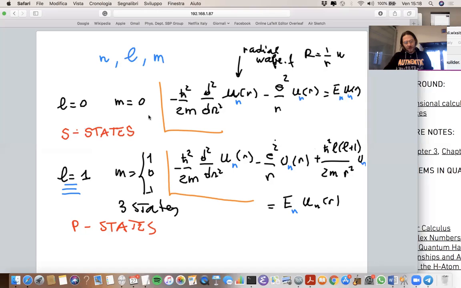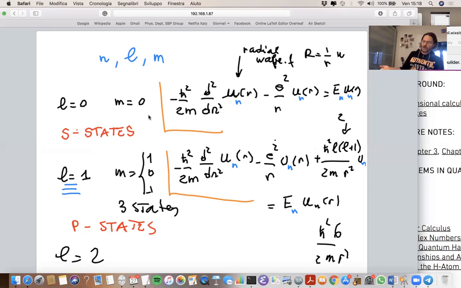Then you can go on and take L equal 2. In this case, you will have the same expression, but now L is equal to 2, so 2 plus 1 is 3, times 2 is 6, over 2mr squared. You get a different equation that will give you different energies, and you will get now 5 different degenerate solutions, and so on and so forth.